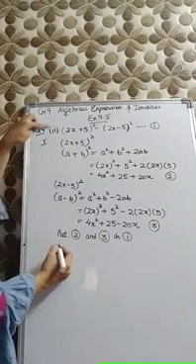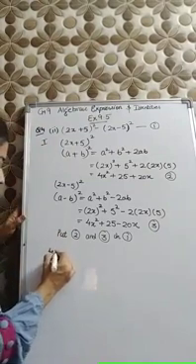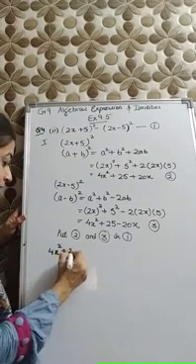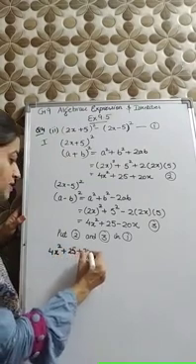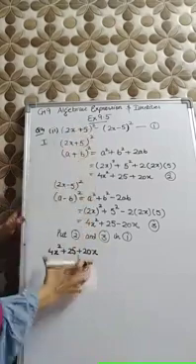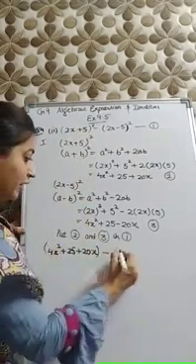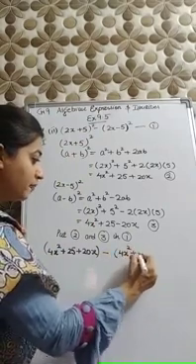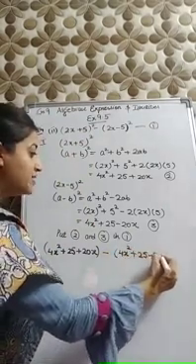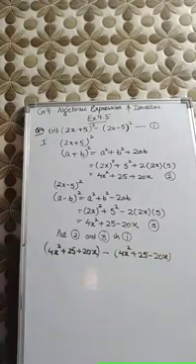The value of the first term I have written the same, minus the bracket 4x square plus 25 minus 20x. I have written the values of the second and third in the first term.